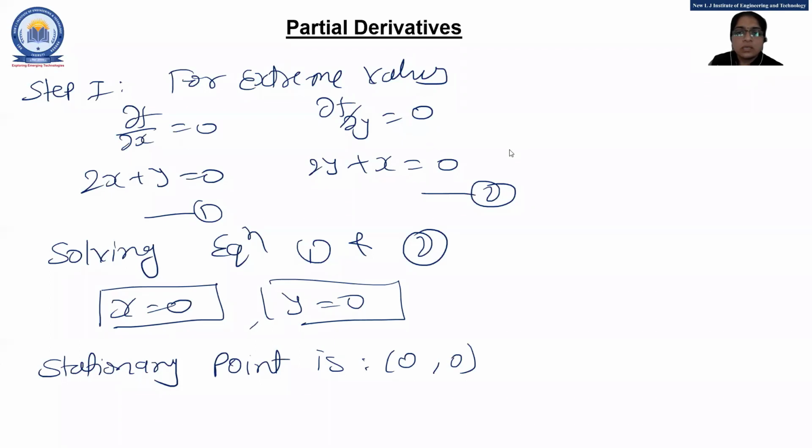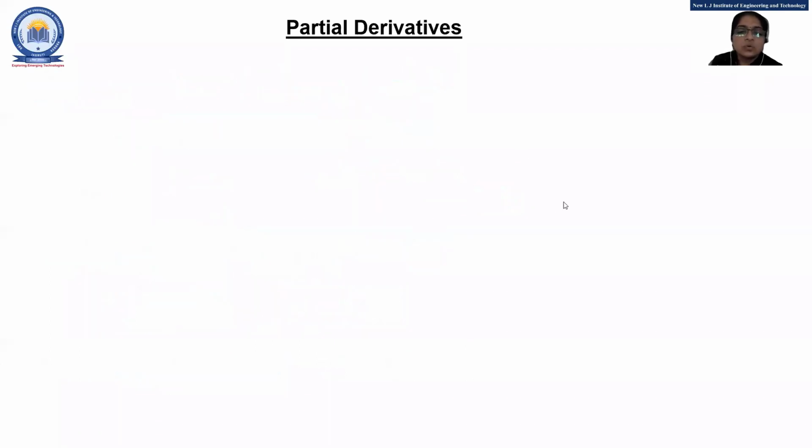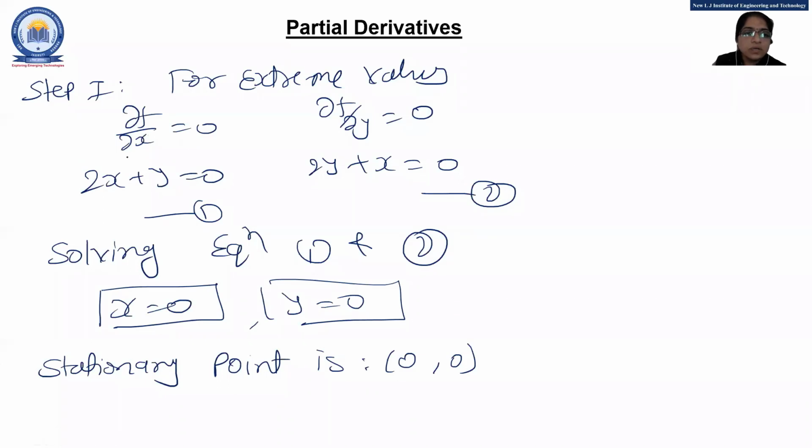Yes, very good. So step 2, that is r. Here r is del square f by del x square, the second derivative of this equation, that is 2. Yes, Kushal, Janil, perfectly right.